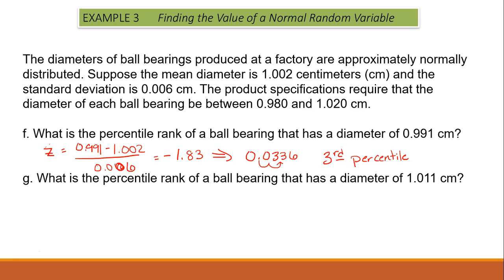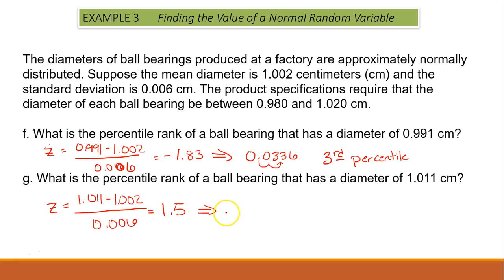Okay, let's do this again, except with a different diameter. So our z-score, find it. And then that z-score ends up giving us 1.5.